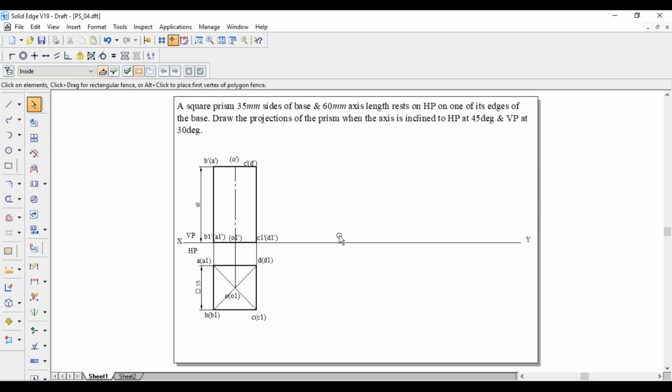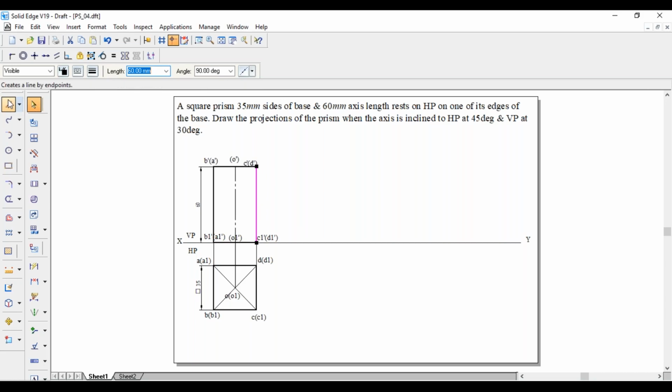For the second position, as given, the axis is making an angle of 45 degree with respect to HP, that is theta is equal to 45 degree. As the axis and this edge are parallel to each other, if the axis is making 45 degree, this edge is also making an angle of 45 degree. This edge length is 60 mm.